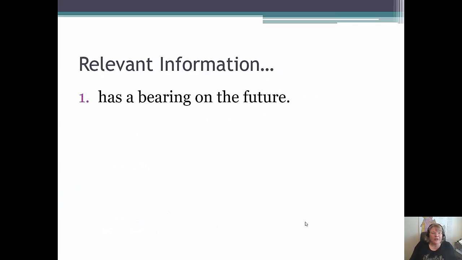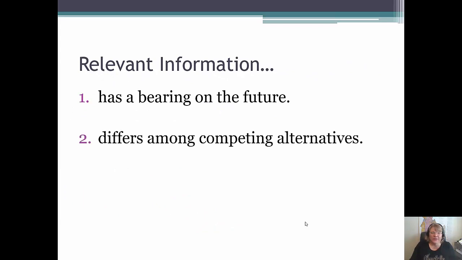So your relevant information has bearing on the future, and this includes fixed costs. Do you need fixed costs, or can you eliminate fixed costs? They differ among competing alternatives. So if you have some costs that can be eliminated in one option, but different ones can be eliminated in another option, they differ.